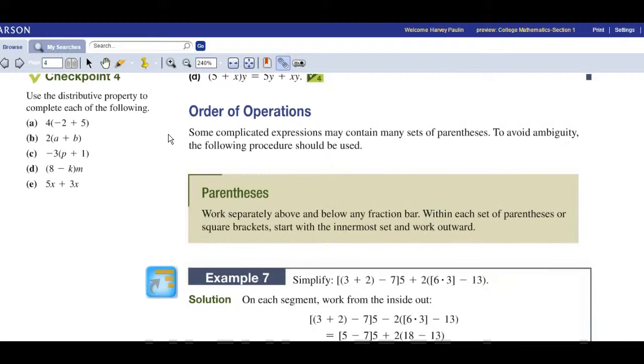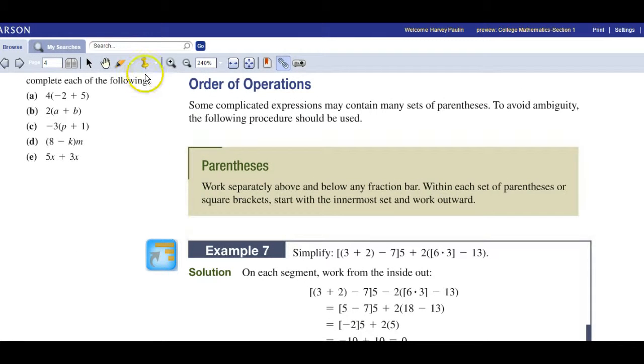Okay, let's go on to our next little subsection, which is called order of operations. In this, we get the acronym Please Excuse My Dear Aunt Sally, which pretty much is a hint at the order of operations, where P stands for parentheses, E stands for exponents.